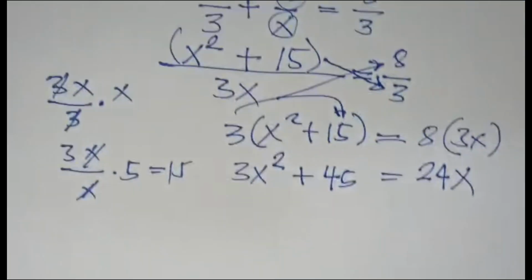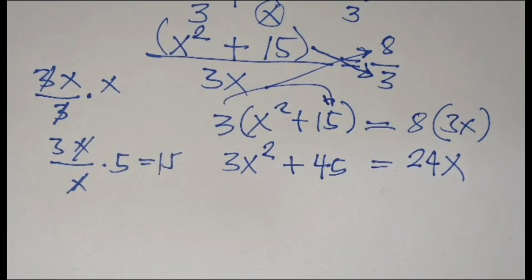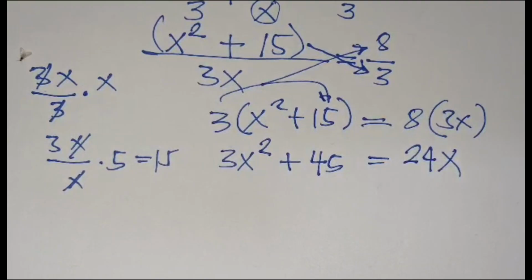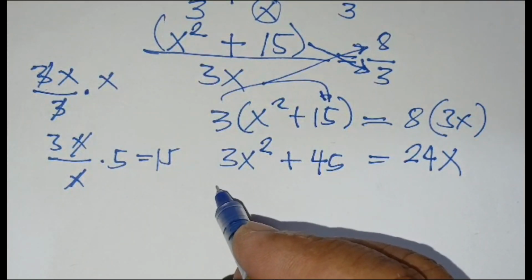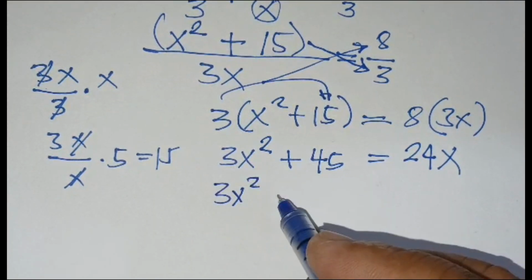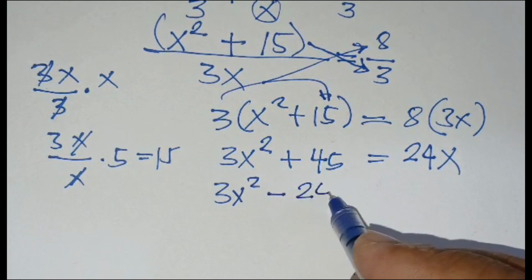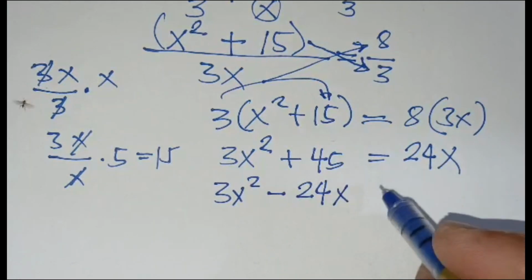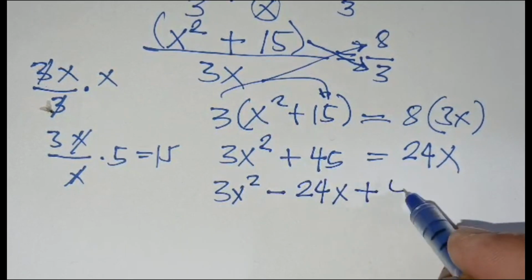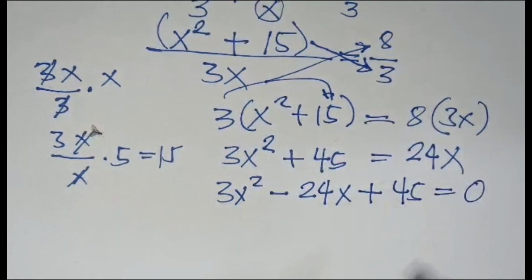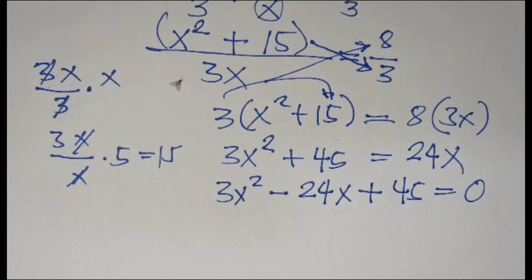Then from here we bring all the terms to one side of the equation. We have 3x squared minus 24x, we bring it to the other side, then we copy 45, then is equal to 0.